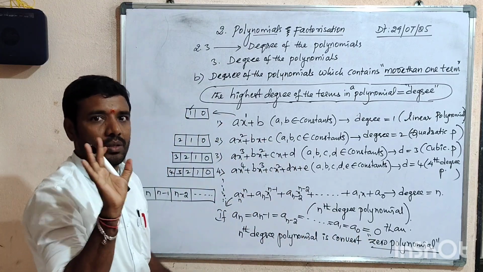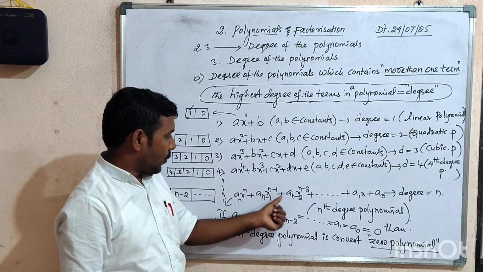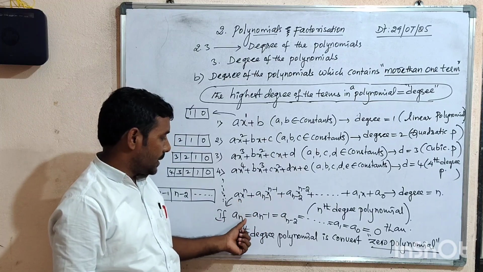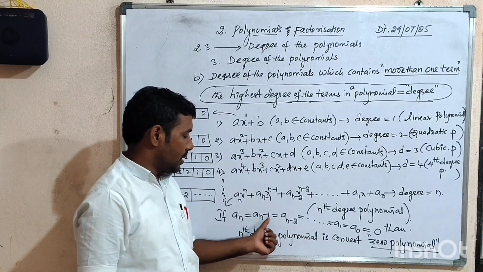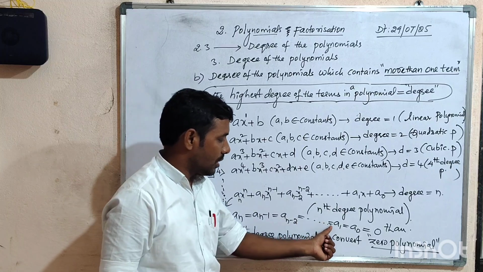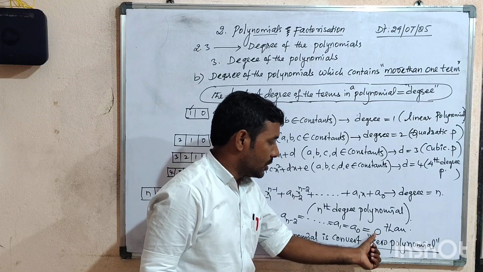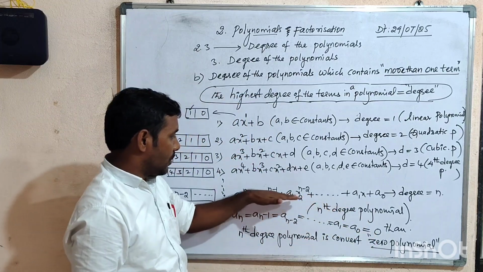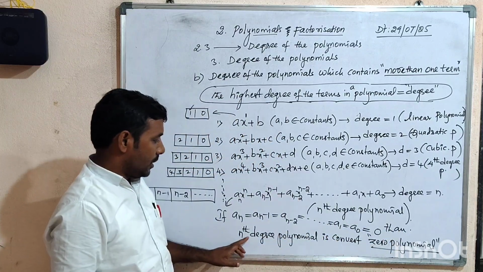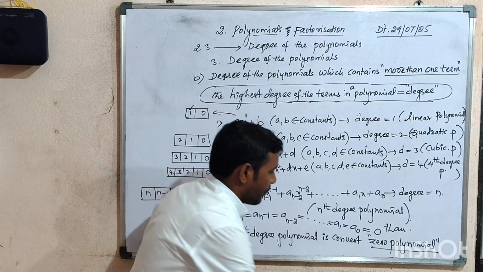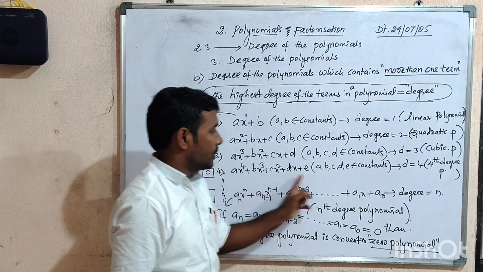Once again, very important, students. However, it is an nth degree polynomial, no? If the coefficients of every variable are considered as 0, nothing but an is equal to an minus 1 is equal to an minus 2 is equal to dot dot dot, it is equal to a1 is equal to a0, these are all considered zeros, then the nth degree polynomial is converted to the 0 polynomial. In a sense, this total term is going to convert to 0.